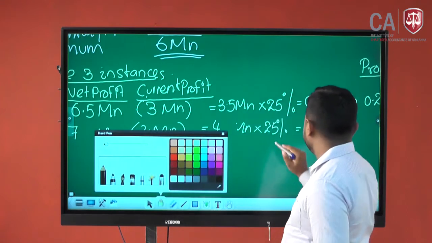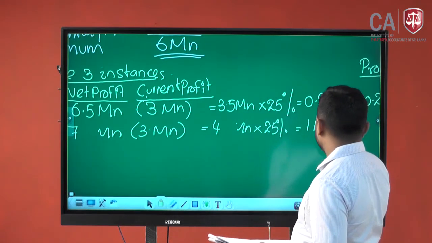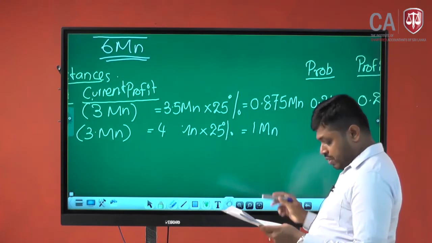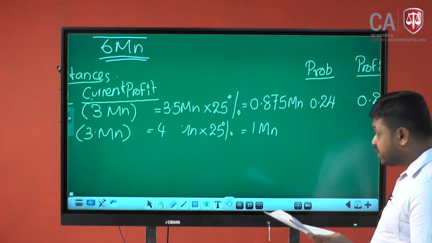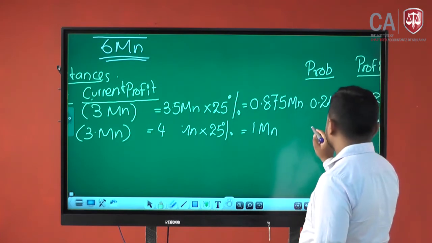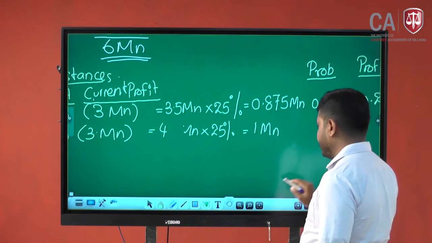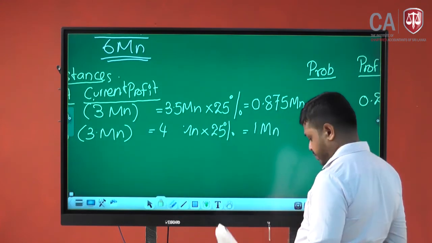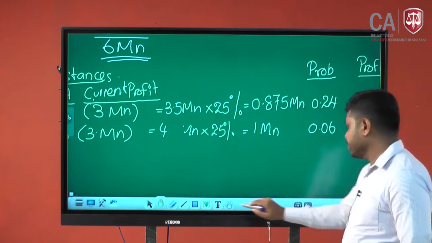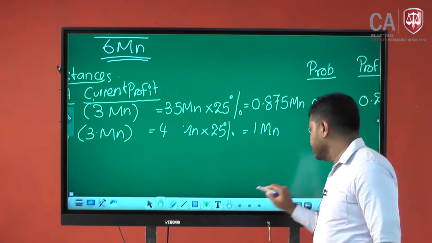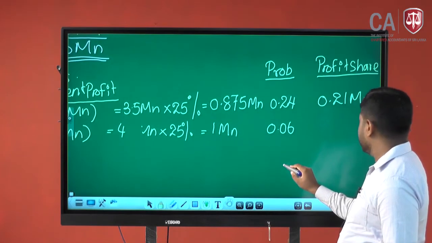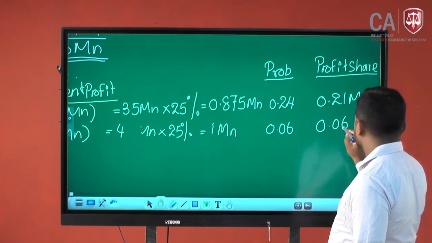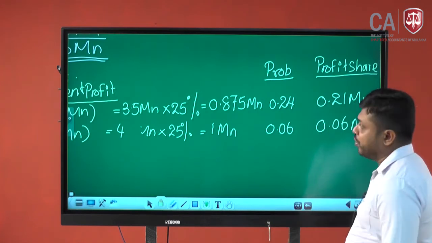Then 4 million into 25% is 1 million. Joint probability is given as 6%, 0.06, so that is 60,000, 0.06 million.